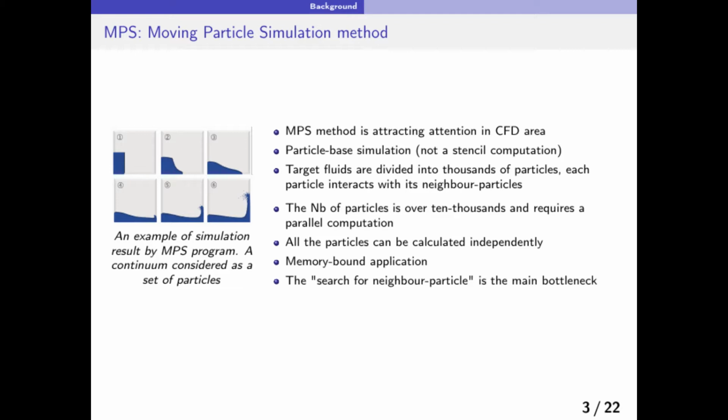In MPS, the targeted fluids are divided into thousands of particles that interact with their neighbor particles. With tens of thousands of particles that can be computed independently, it is required to use parallel computing. However, the algorithm is memory bound and the search for neighbor particles becomes the main bottleneck.